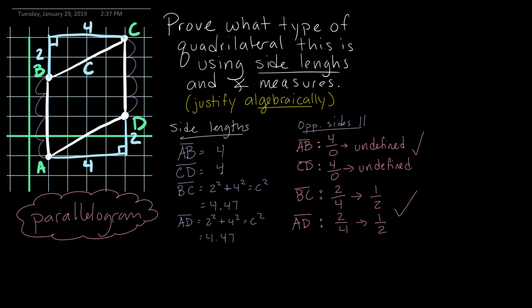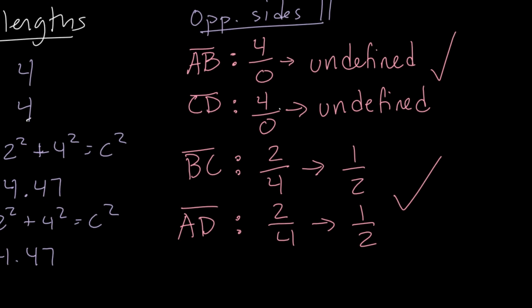If, instead of these slopes being undefined, say they were -2, would that change what type of shape we think this is? Say both the undefineds were -2. Let's think about it. What would that mean? No. It'd be a type of parallelogram.